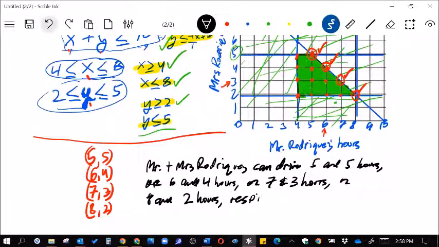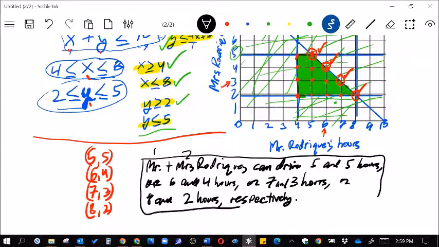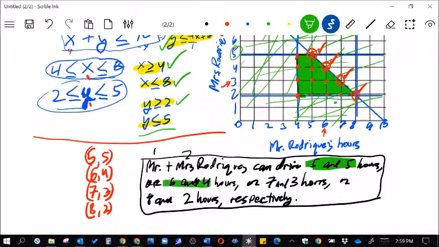Let me see if I can get that out. Respectively, meaning respective to the order they are. He's first and he's second. And I realized I need to be consistent. If I'm writing the word and each time, I need to do it for all 4 times, not just 3. So that would be the answer here. So it would be 5 and 5 hours, 6 and 4 hours, 7 and 3 hours, or 8 and 2 hours. And the whole answer would encompass that.